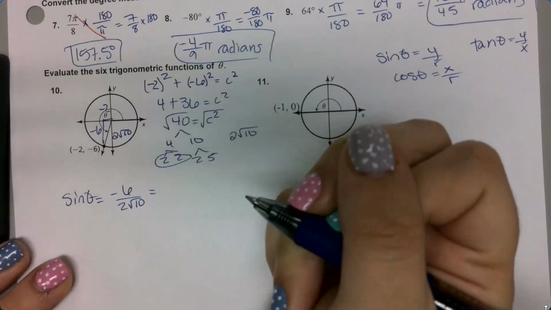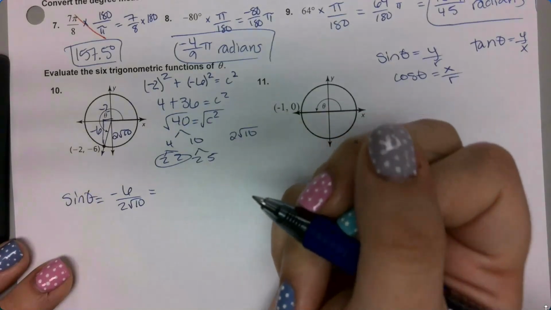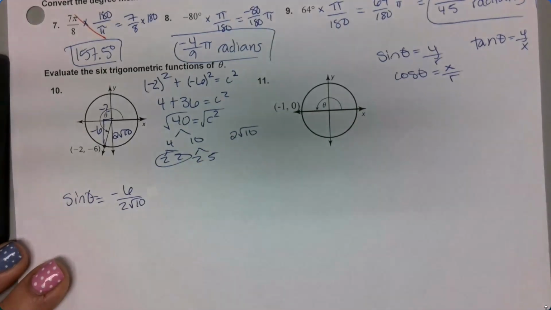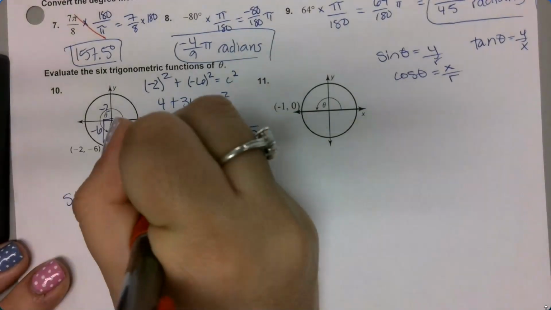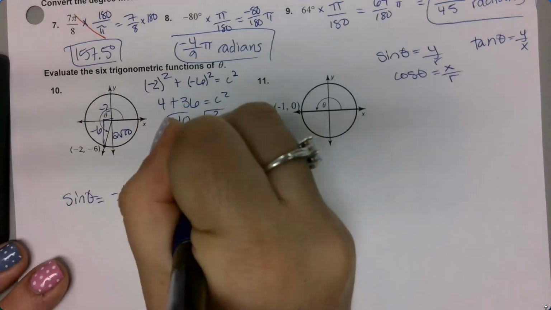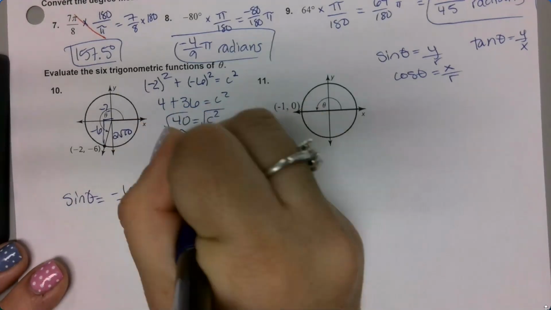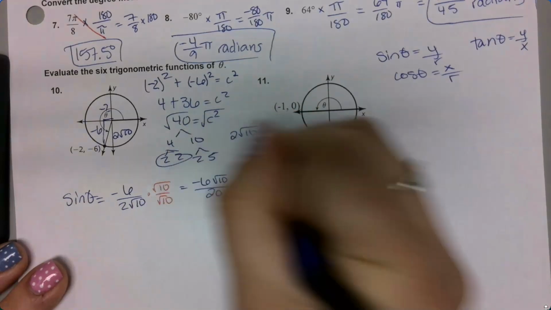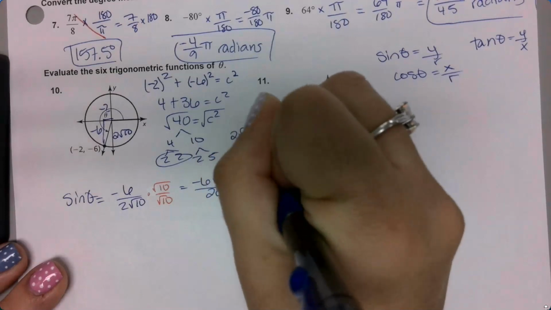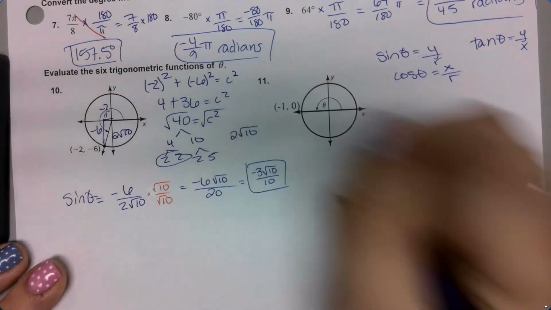I can simplify right now, or I can wait until I've rationalized my denominator. I'm going to rationalize my denominator first. So I have square root of 10 over square root of 10. Then I have -6 square root of 10 over 20. Both of these are even, so I have -3 square root of 10 over 10.